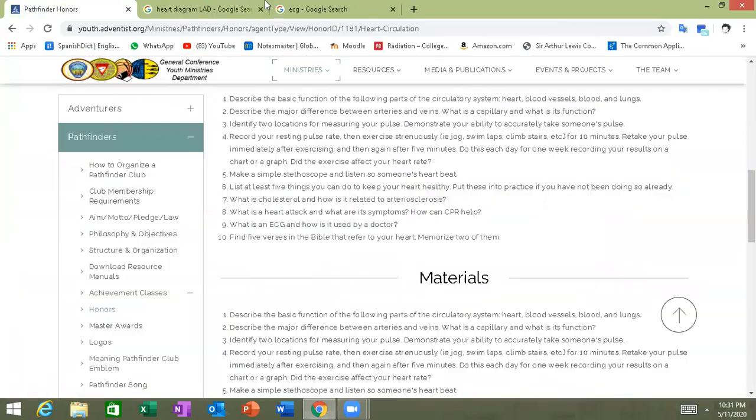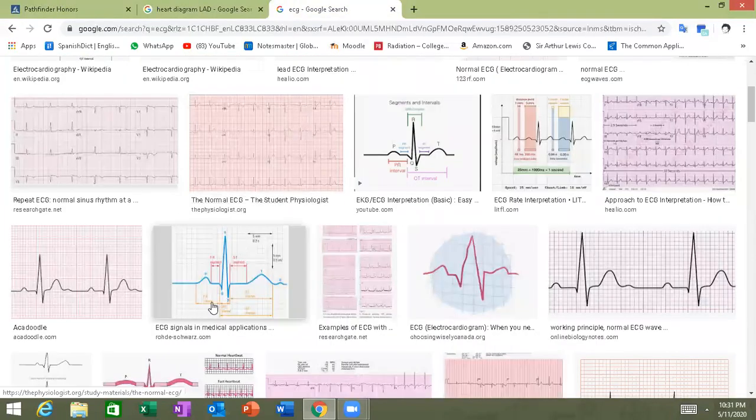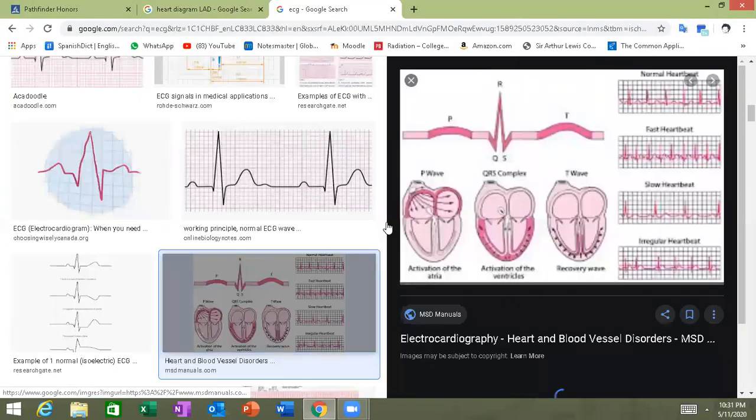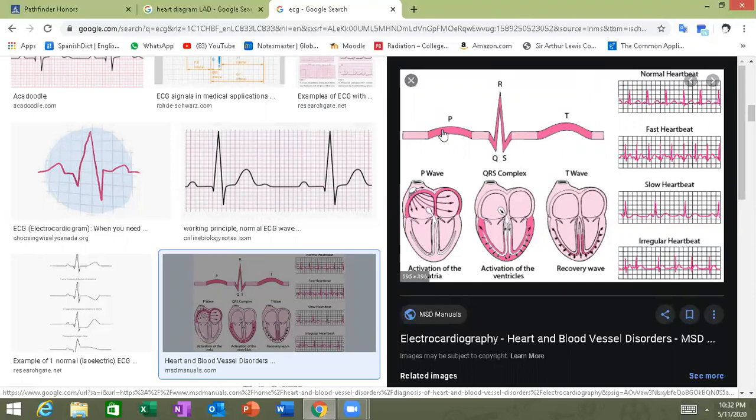Let me show you that, so you can see what's happening. I guess that's a contraction of the ventricle. Here's what we need: the P wave, QRS complex, T wave.